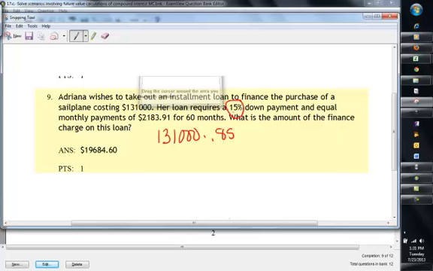Since she gave 15% down, that's how much she's going to borrow. She pays $2183.91 for 60 months. If we subtract how much her loan was, we should get the finance charges.